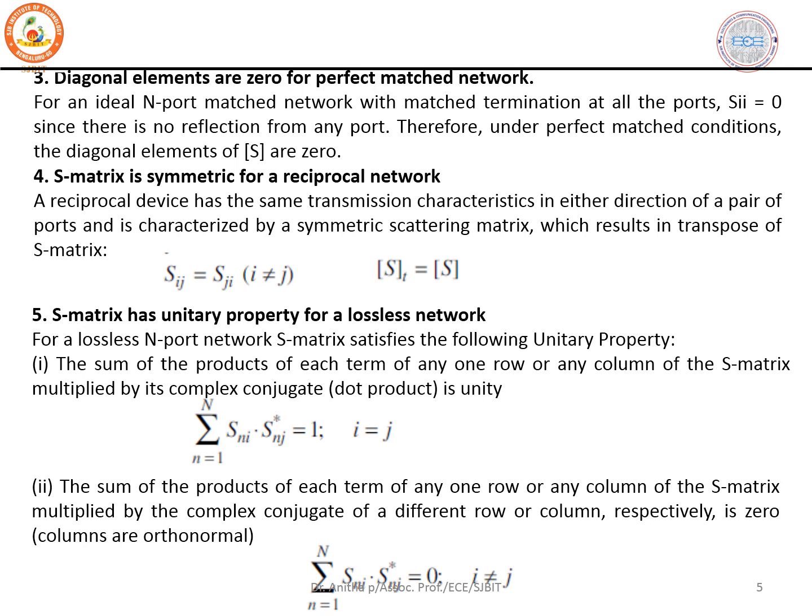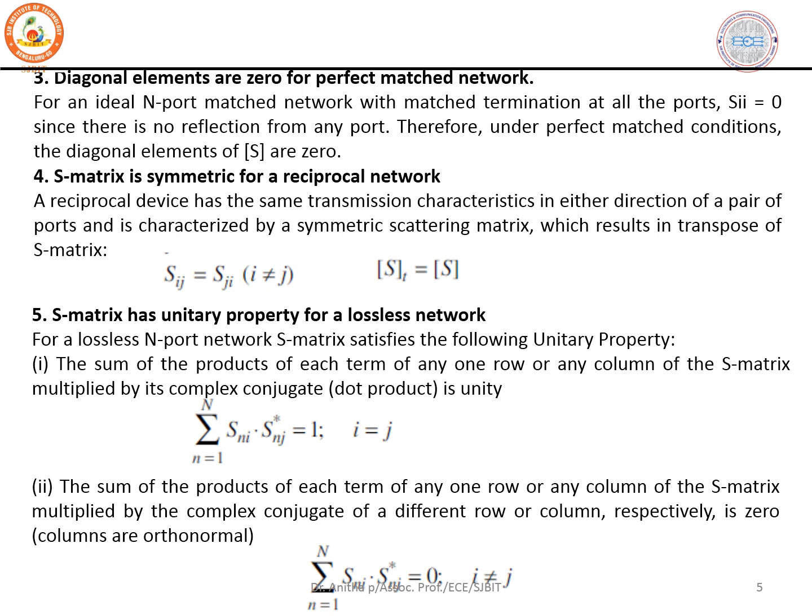You can cross verify this identity unitary matrix by using either of these two conditions. The first condition is for the i equals j case: if you consider the sum of the products of each term of any row or any column of the S matrix multiplied by its complex conjugate, it must result in unity.